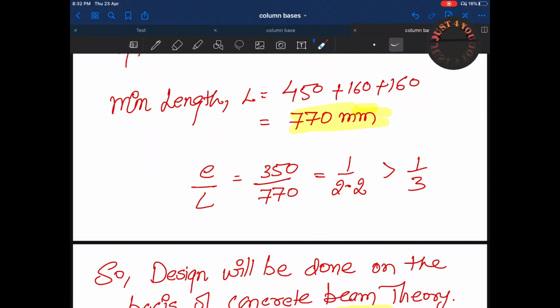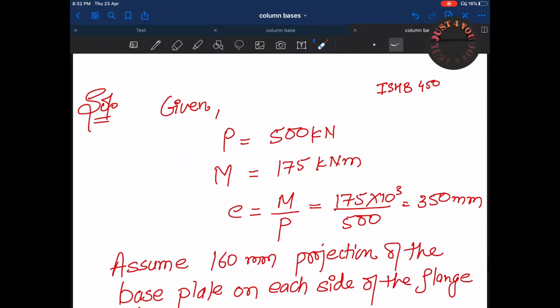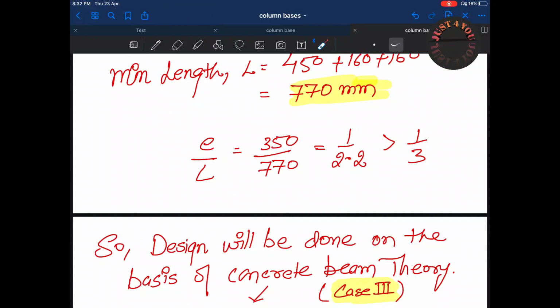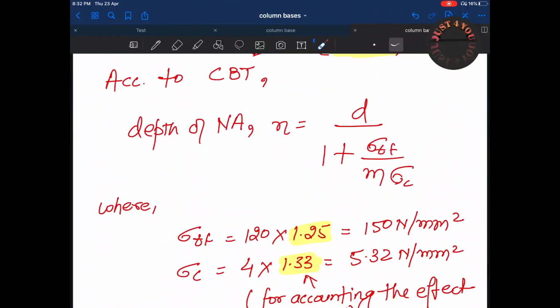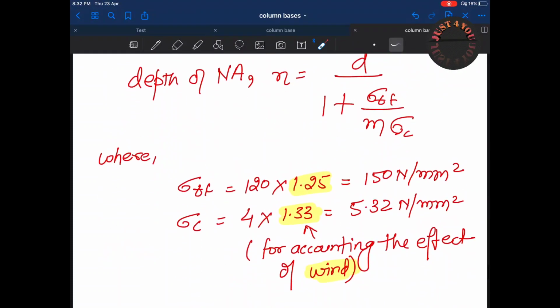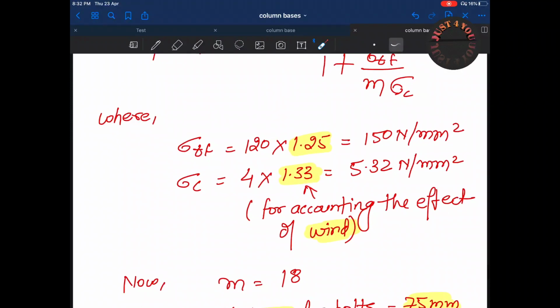So let's revise what we have done here. In the first step, we find out which case the problem falls in by checking the e by L ratio. Then, as per the CBT, that is column beam theory, we calculate the depth of the neutral axis, and we have to check whether the stresses should be multiplied or not.